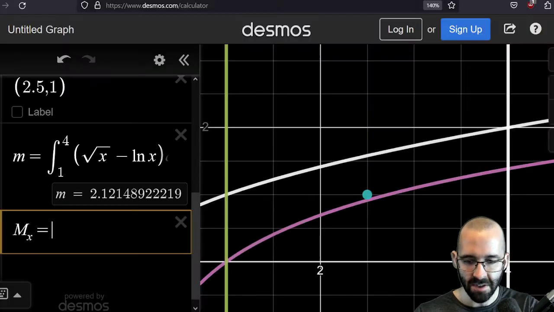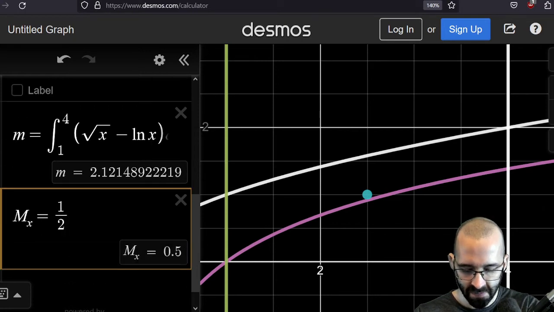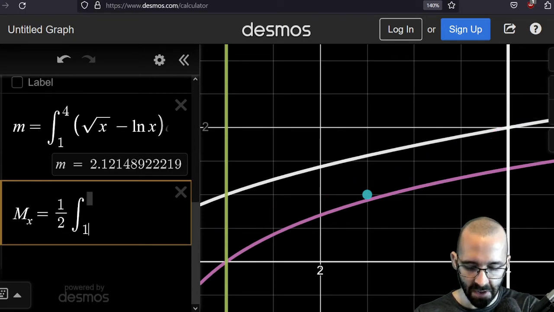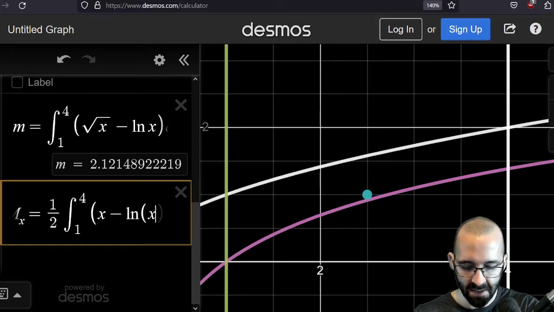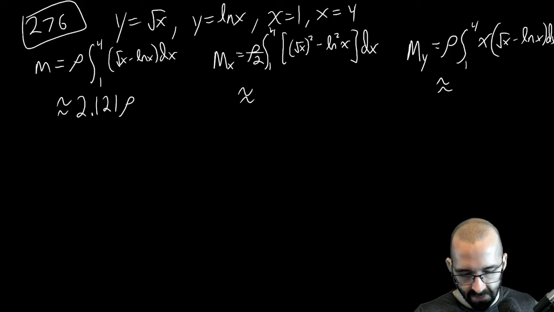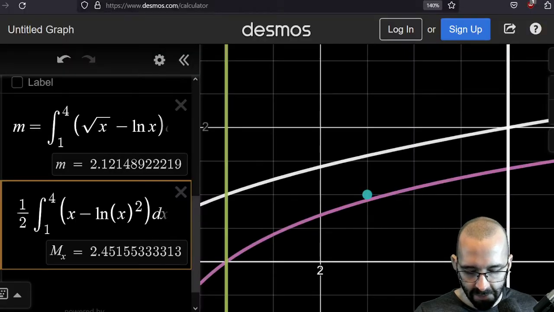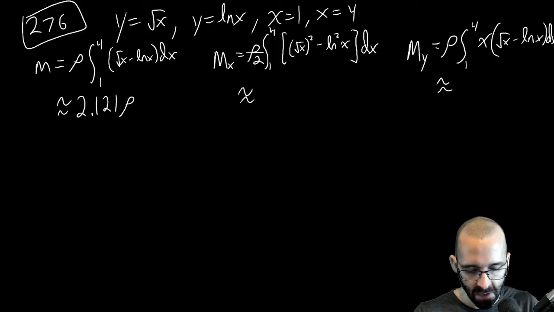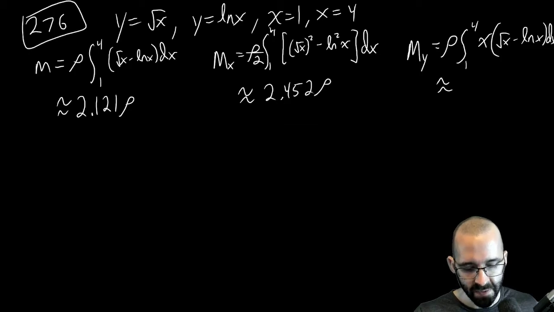Is that integral rho over 2 times the integral from 1 to 4 of square root of x squared minus natural log of x squared. Making sure I typed it out correctly. So that's about 2.452 times rho.